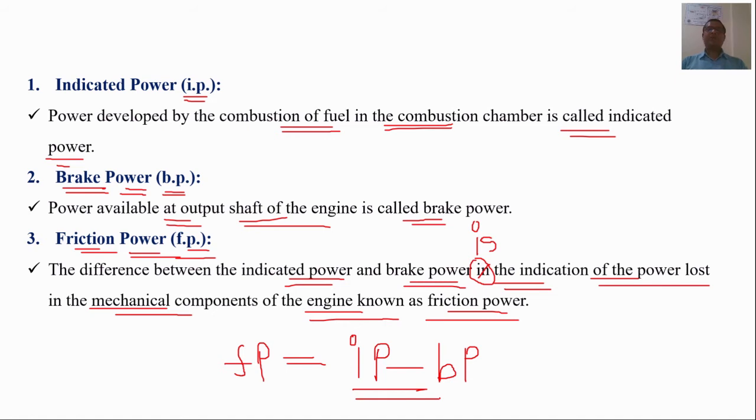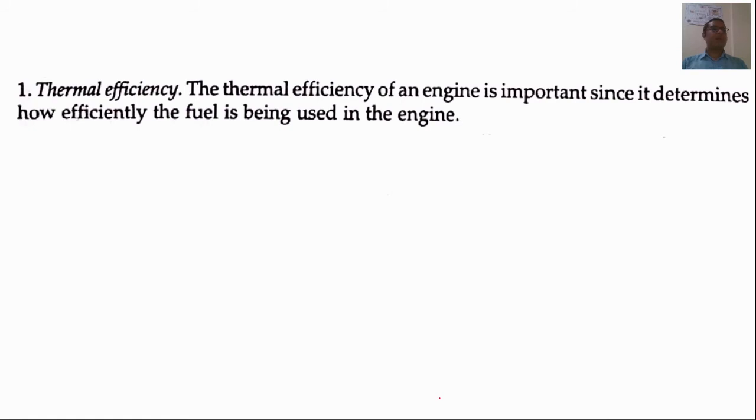Now we will move towards the discussion of the various engine performance parameters. Let us discuss the first engine performance parameter, which is thermal efficiency. Thermal efficiency of an engine is important since it determines how efficiently the fuel is being used in the engine.